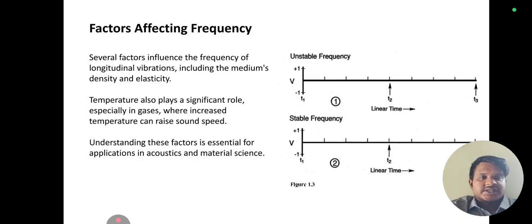Understanding these factors is essential for applications in acoustics and material science. The difference between stable frequency and unstable frequency: in a stable frequency there is a uniform frequency, while in an unstable frequency there are fluctuations in frequency.